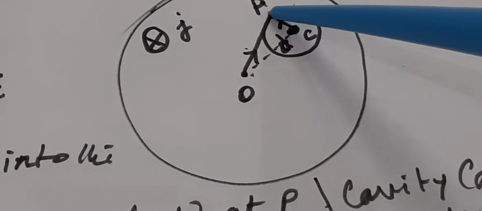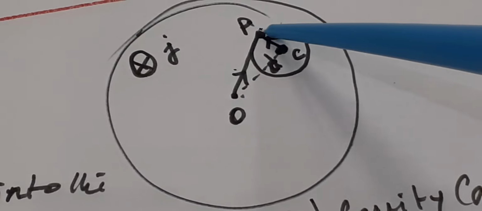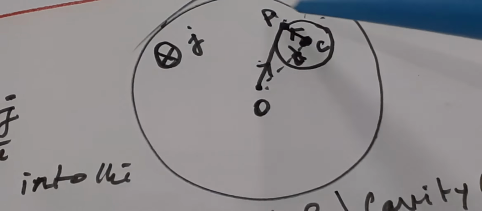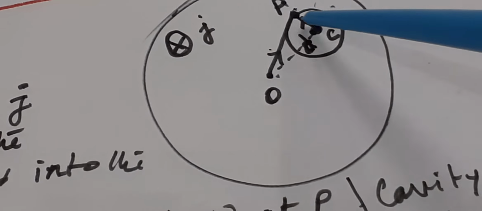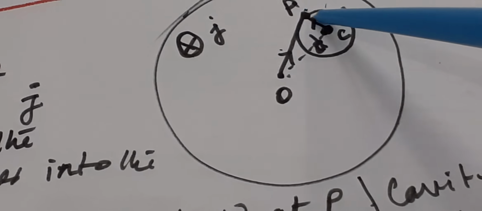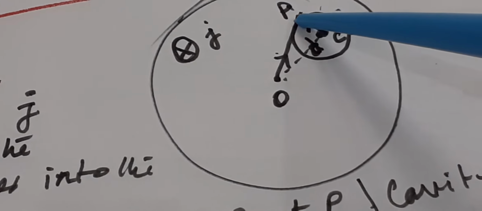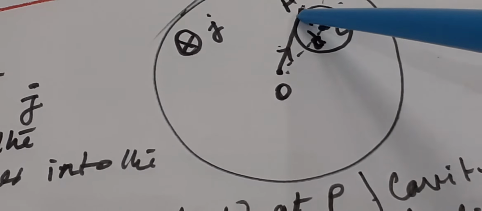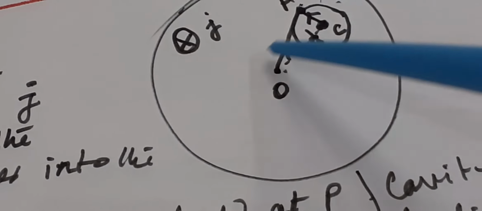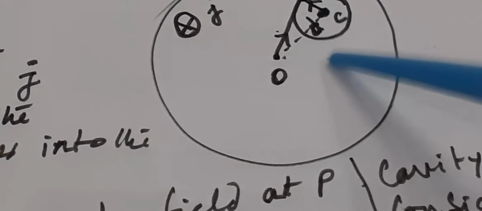Downward current means a clockwise circle has to be drawn, and the tangent gives the direction, perpendicular to OP.